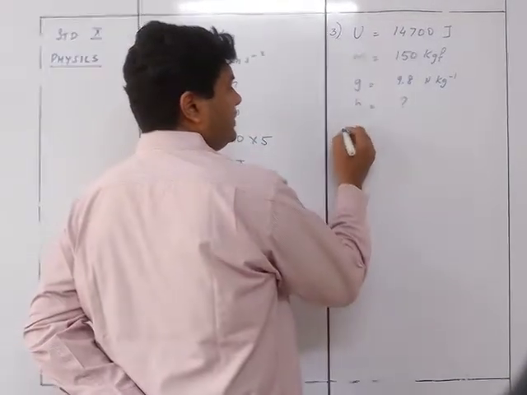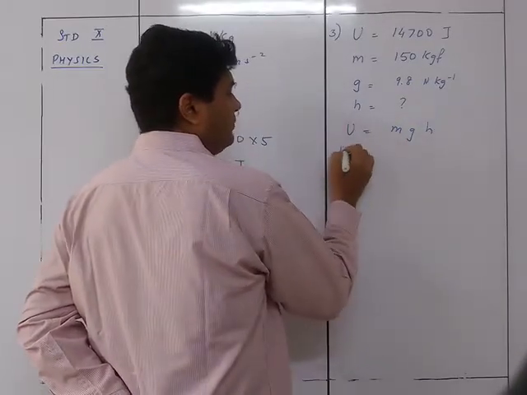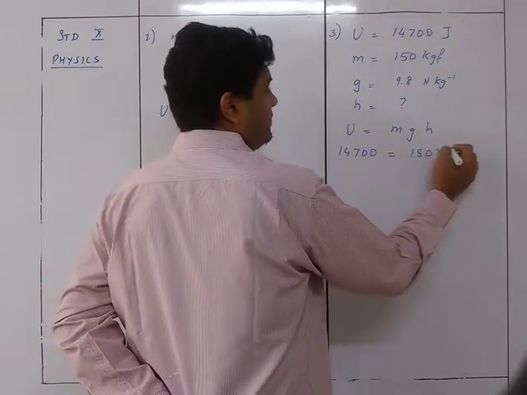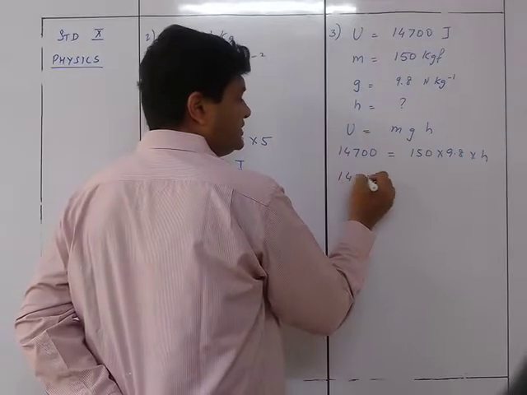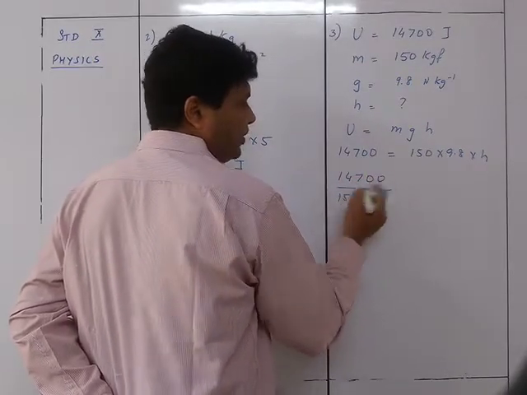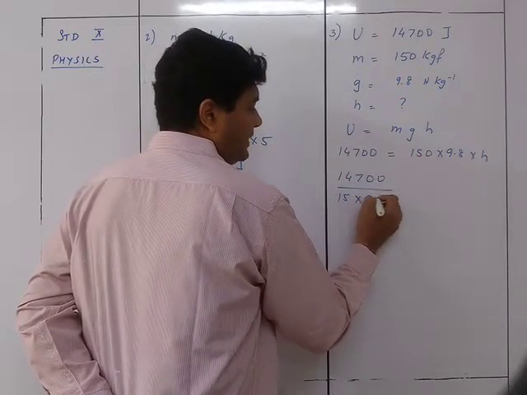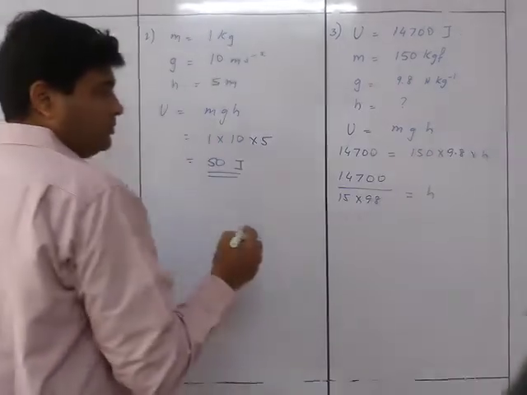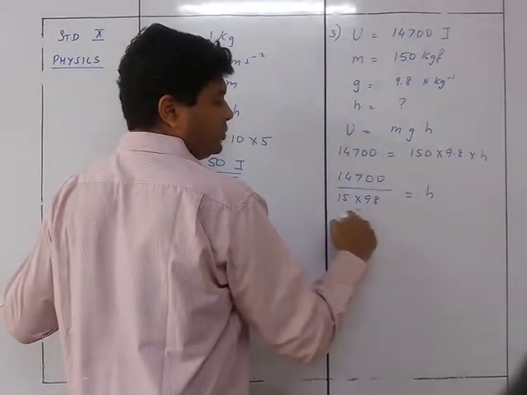So we have over here that U is equal to mgh. So 14700 is equal to 150 into 9.8 into h. So 14700 upon 15 into 98 is equal to h. Now if you do the calculations, this also comes out to be 147.